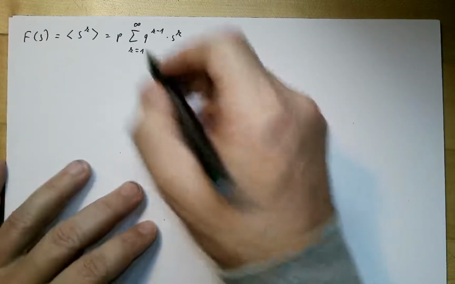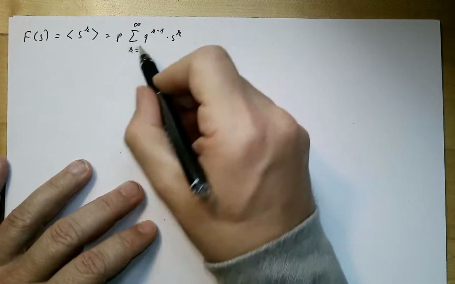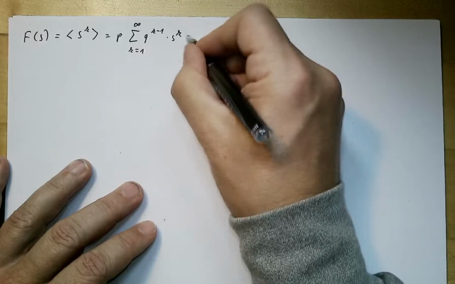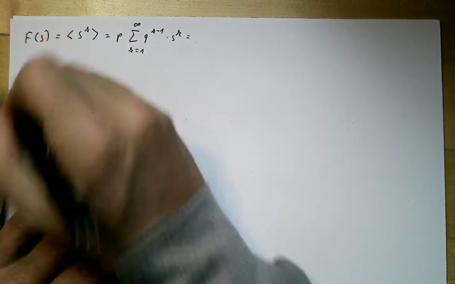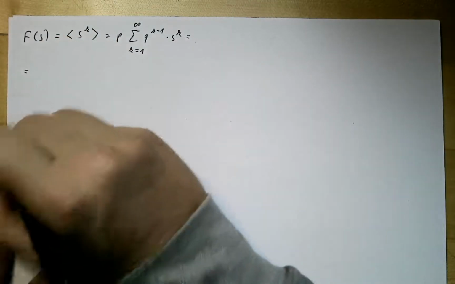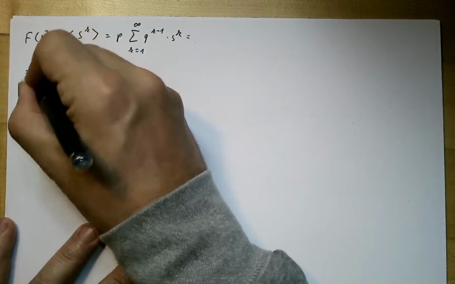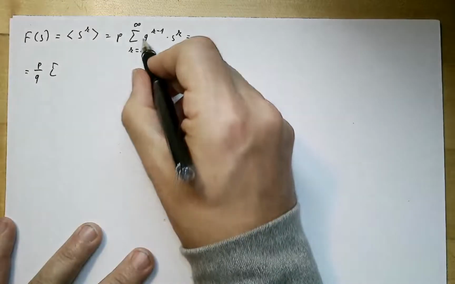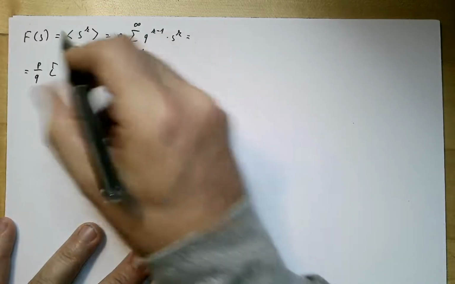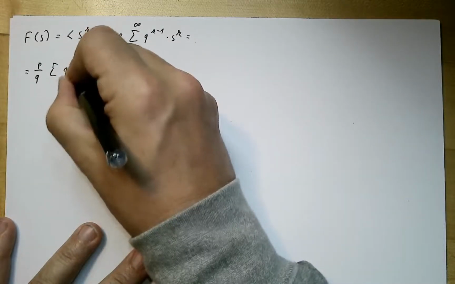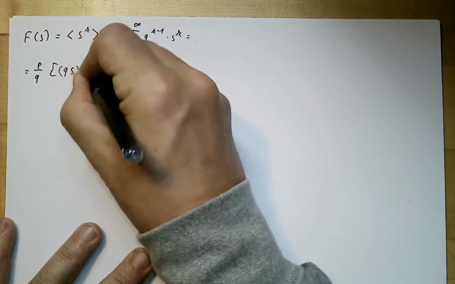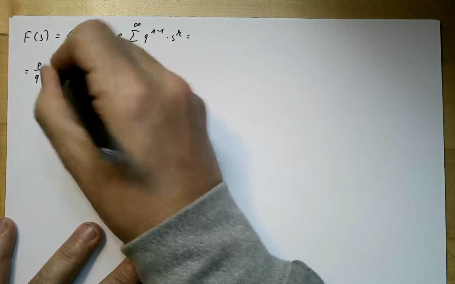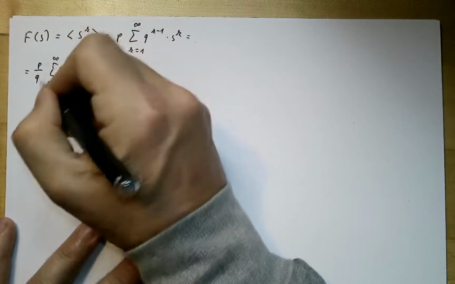So now we use one of the tricks we had last time. Here with k minus 1, here we have k. So we know how to write this a bit more simply. We have p over q, and then we have q to the power k times s to the power k, where k goes from 1 to infinity.